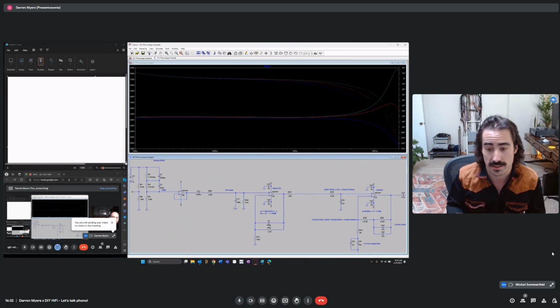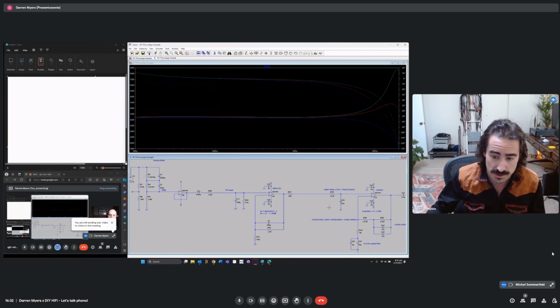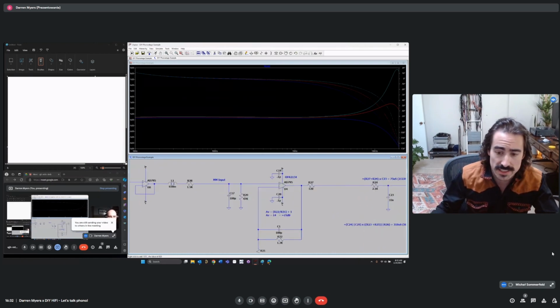So I would start with the manufacturer's recommended value for this resistor. So 47K, let's just say that we're talking Ortofon 2M Red or 2M Blue, like a very standard MM cartridge. 47K. So let's start with 47K.